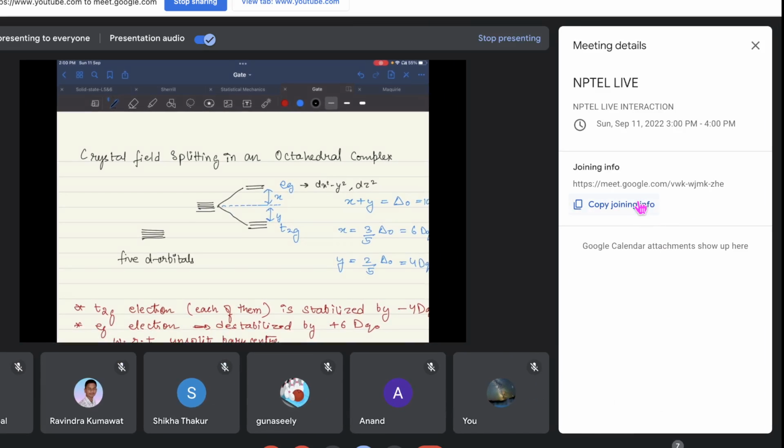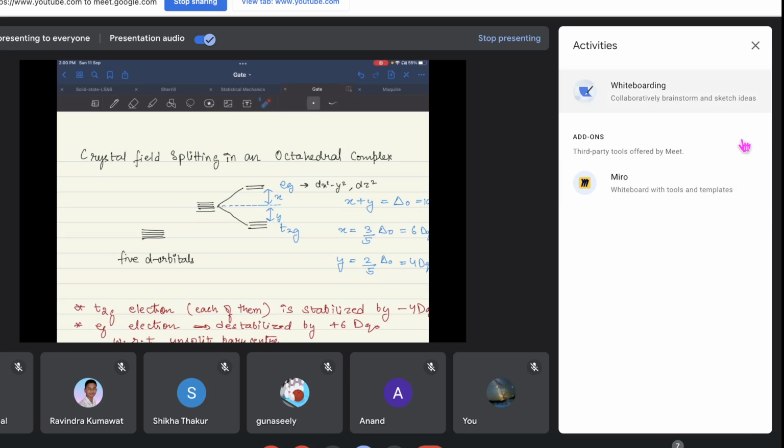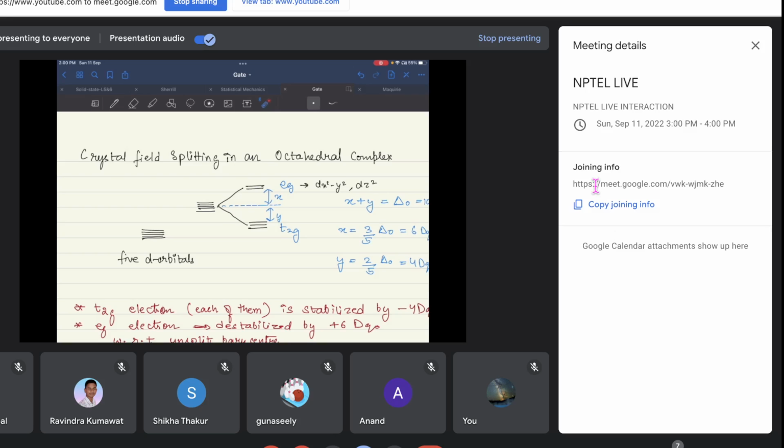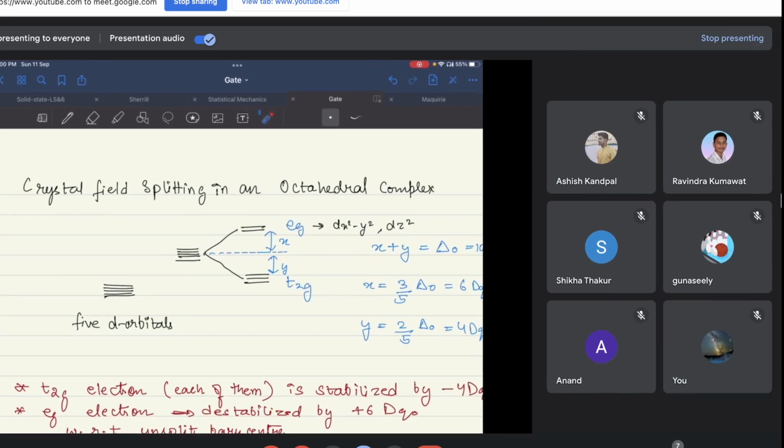So in an octahedral complex, these two orbitals are designated as EG, and the other three are T2G.